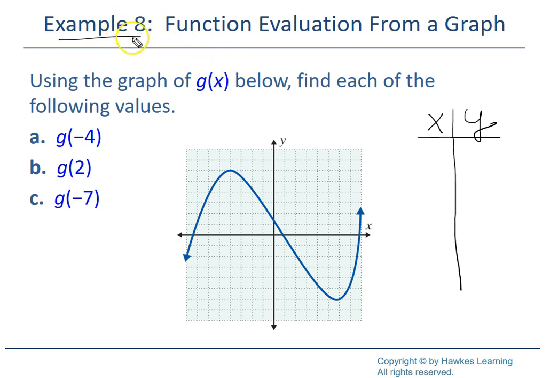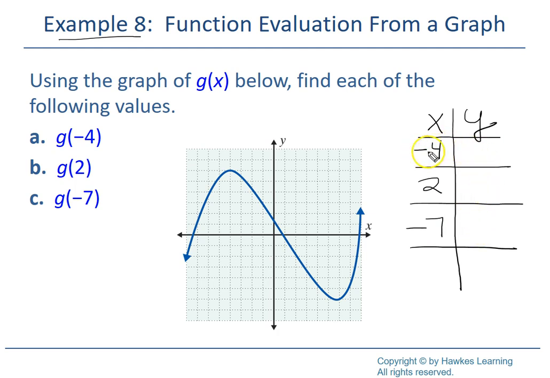I think it's a good idea. It helps you to keep this in order. And we're going to have these 3 values here. X is going to be a -4, x is going to be a 2, and x is going to be a -7. So, when it has these values, what would our y be?